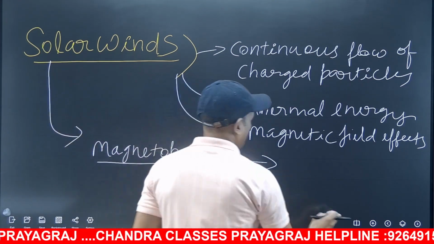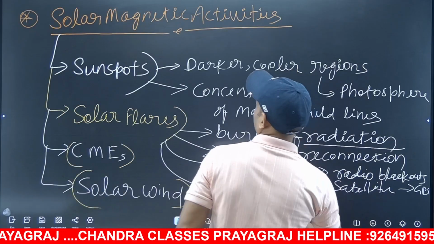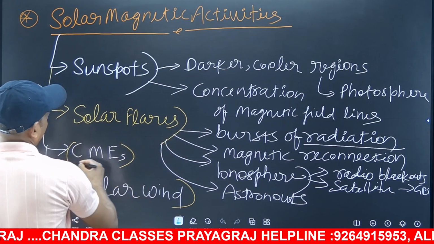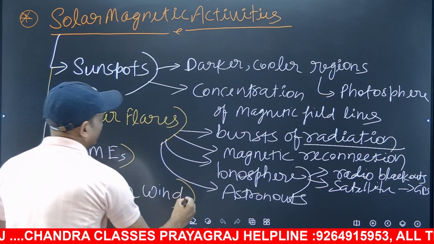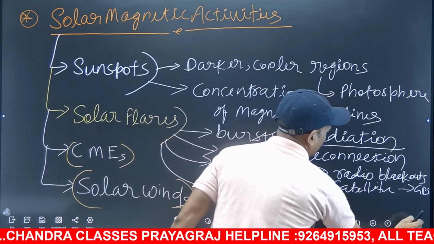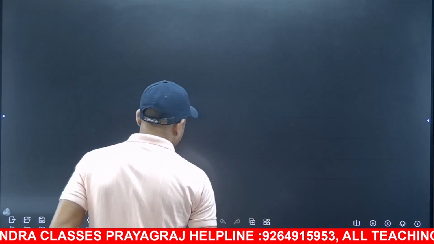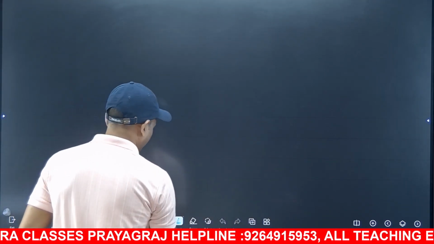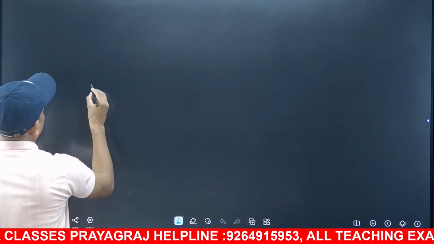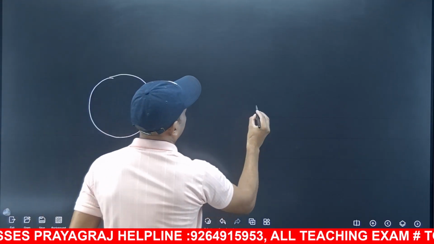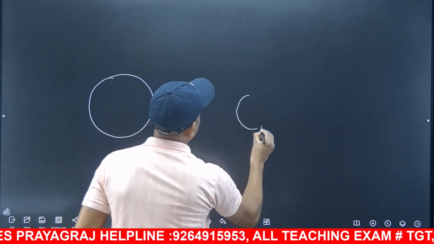So this is all about solar magnetic activities. We saw sunspots, solar flares, coronal mass ejections, solar winds, etc. Now, one or two other important aspects with respect to the sun: for example, this is our sun and this is our Earth.